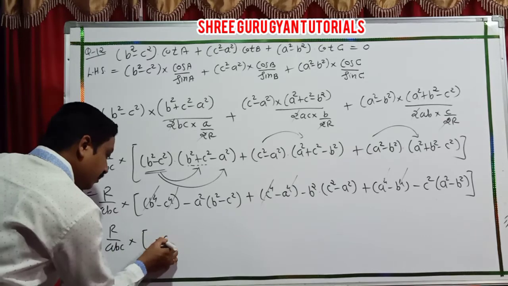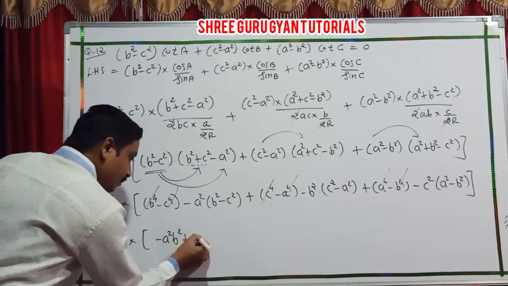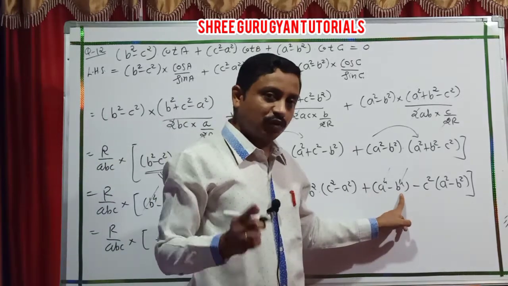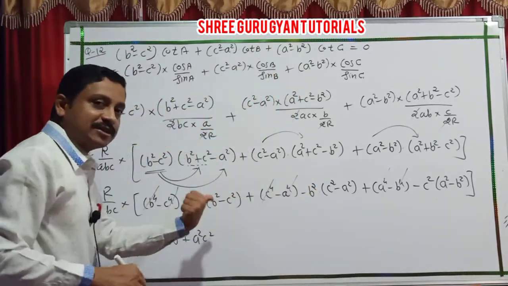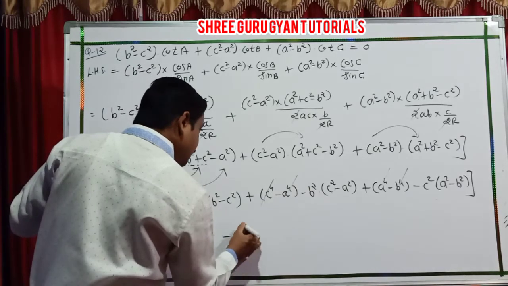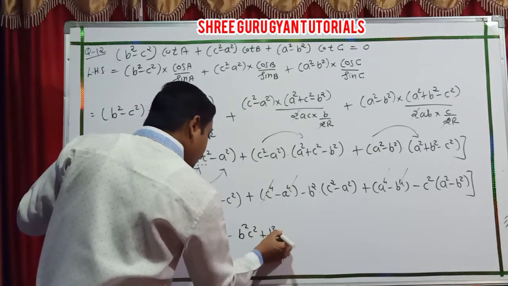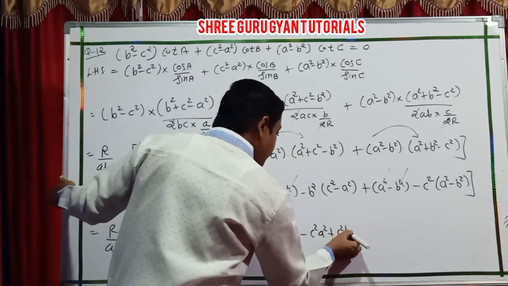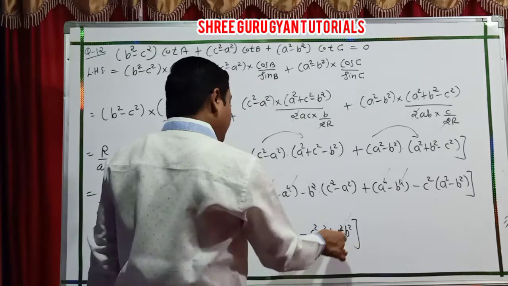These are products: minus a square b square plus a square c square. Students, this plus b raised to 4 and this minus b raised to 4 cancel. Same as a4 and same as c4. Similarly here these are multiplied: now b square c square plus b square a square, and last c square a square, c square b square. These all are cancelled.